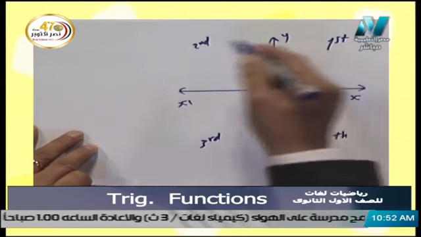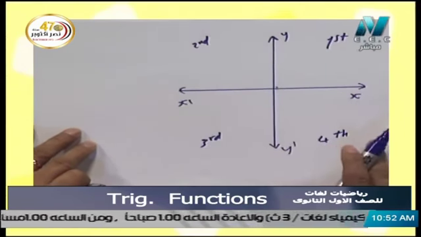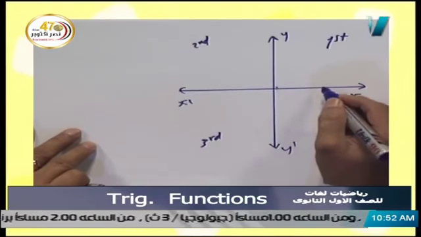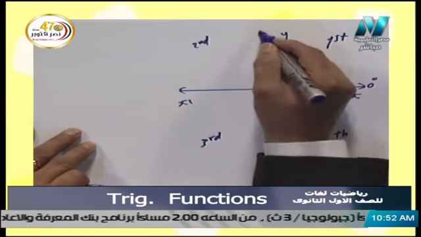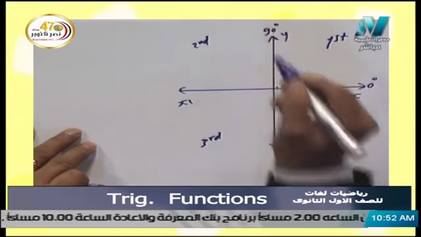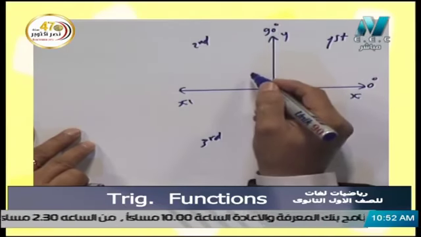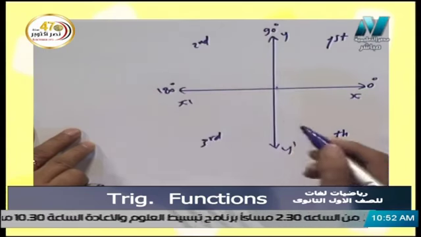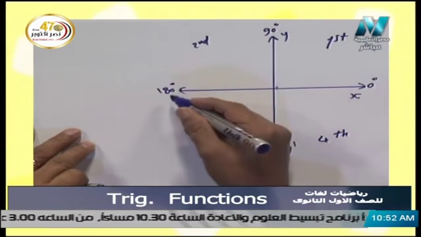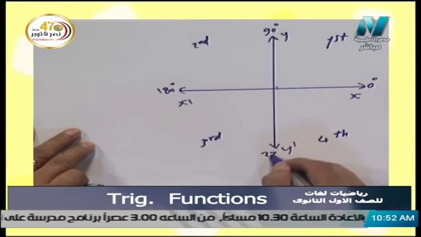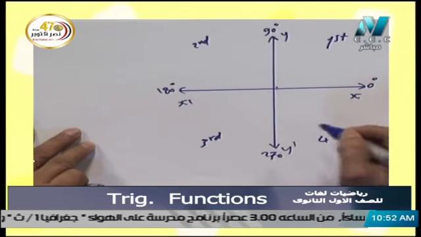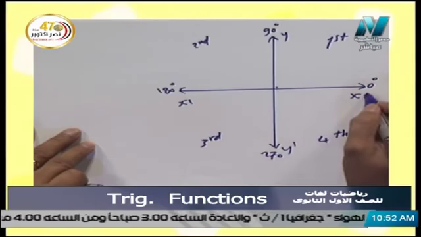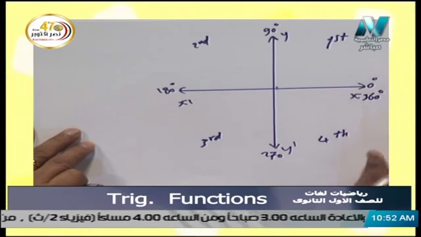We move in the anticlockwise direction, okay. In the first quadrant, any angle lies between 0 degrees and 90 degrees. The second quadrant lies between 90 degrees and 180 degrees. The third quadrant lies between 180 and 270. And finally, the fourth quadrant is an angle that lies between 270 and 360. Okay?